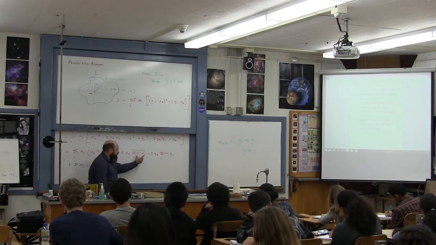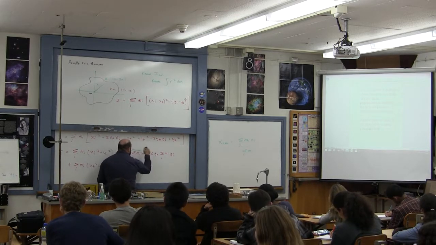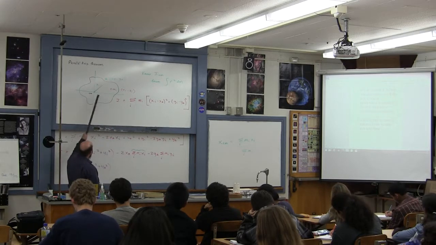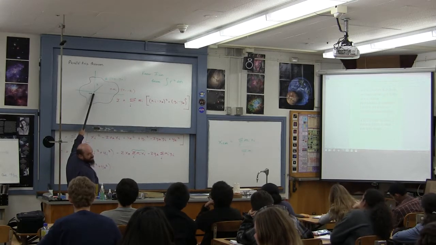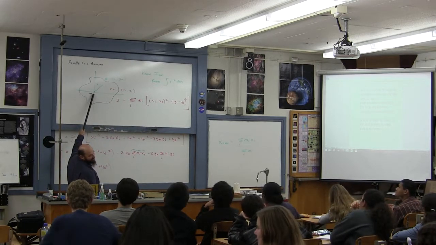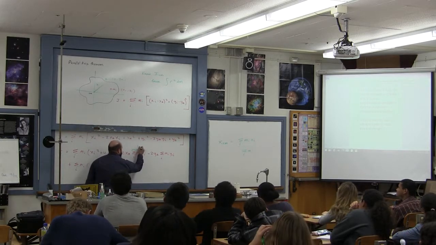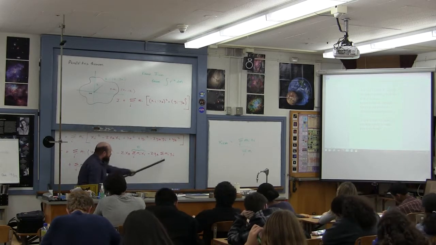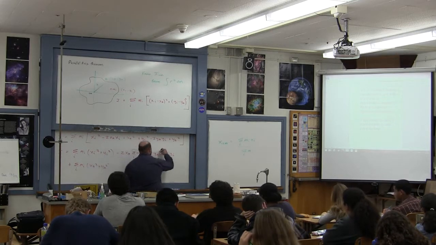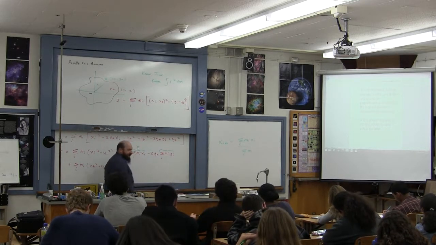It's x_CM. What is, however, x_CM? It's 0 by definition because we put the center of mass at the origin. This is 0. Take a look at this one right here. What's that?